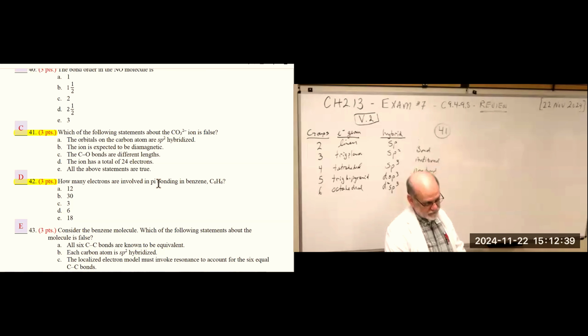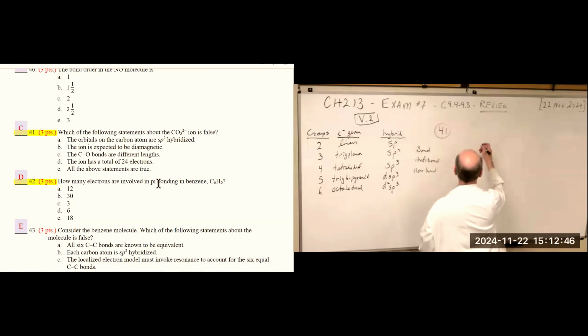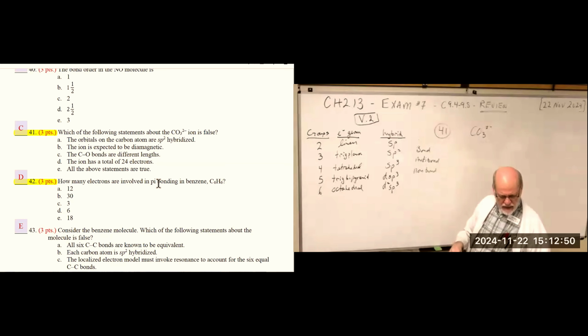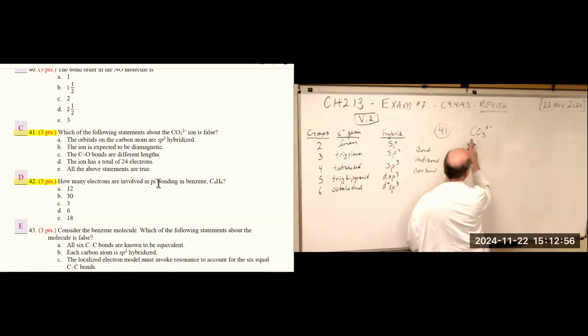the valence bond theory. All right, which of the following statements about CO3 2- is false? CO3 2-. Let's do the structure first. All right. So we have 4 for this one. We have 6 times 3 plus 2 for those charges.